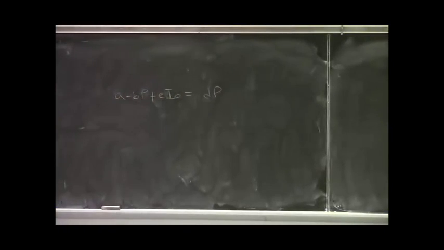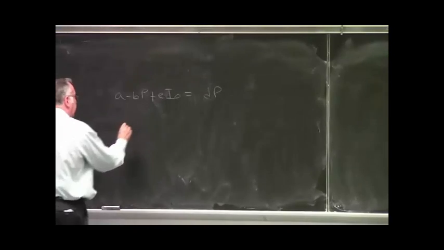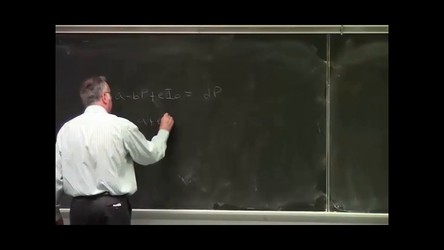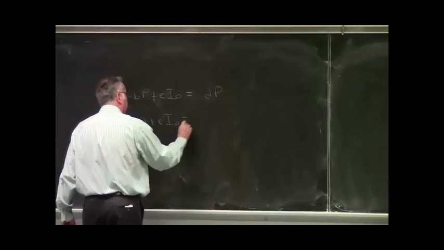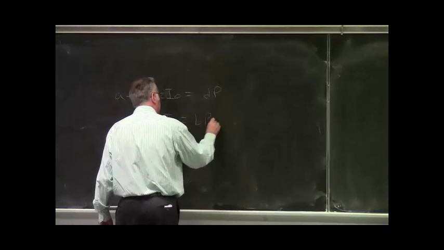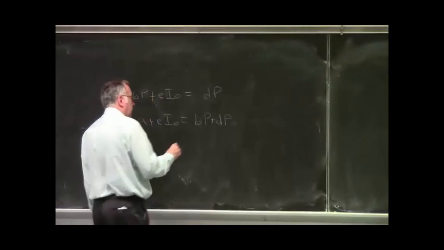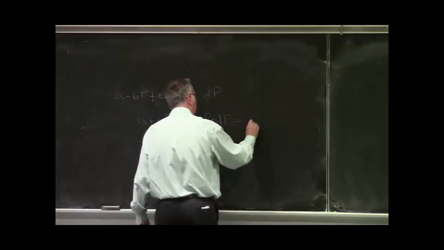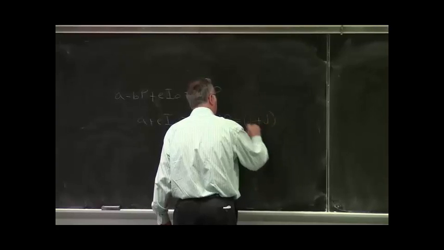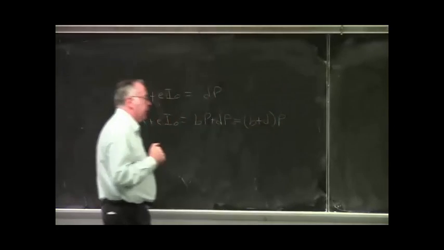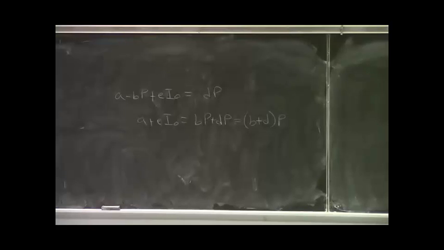adding BP to both sides, we get and now factoring out the P on this right-hand side, we get then dividing both sides by B plus D, we get the equilibrium price.